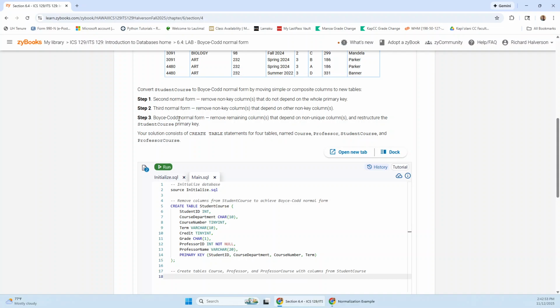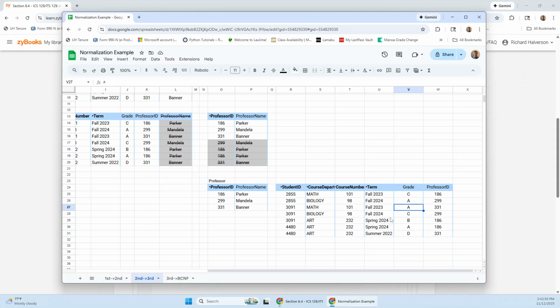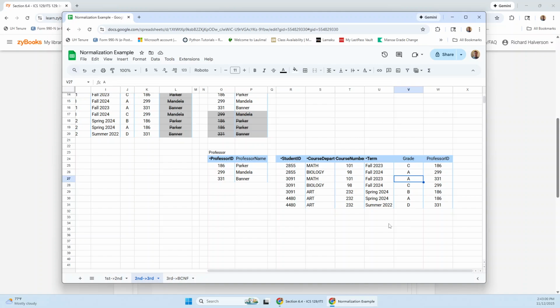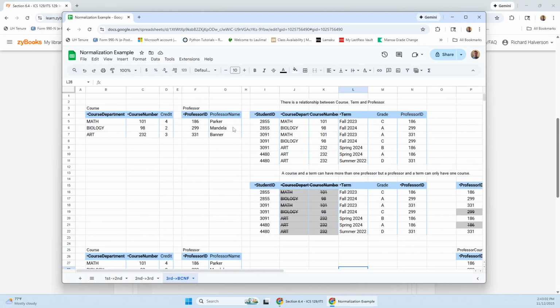Okay, so student course. All right. So this is a little bit more tricky. We've got the course table and the professor table, and then we've got this thing.